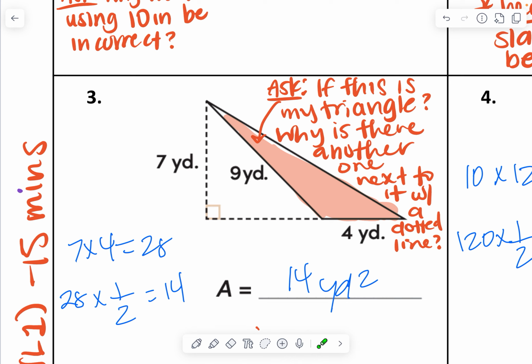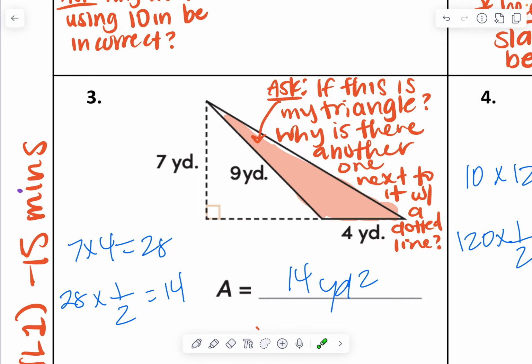So, if we know that our orange figure is our shape, our base is 4. So what's the purpose of the dotted line? Well, we know that our height can never be slanted, so it's not 9.